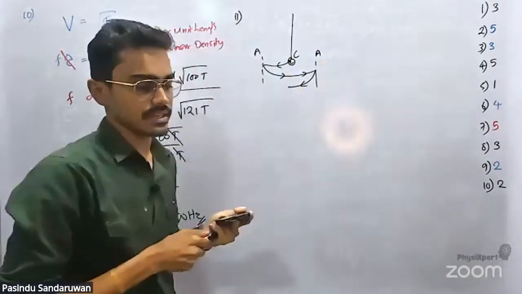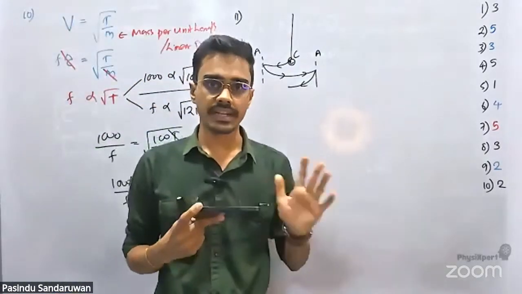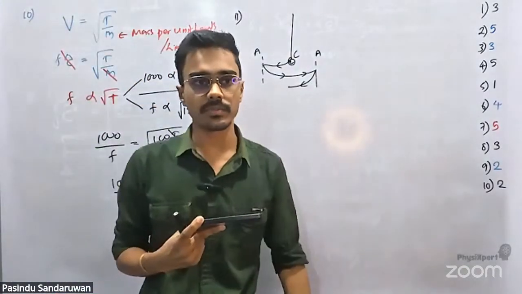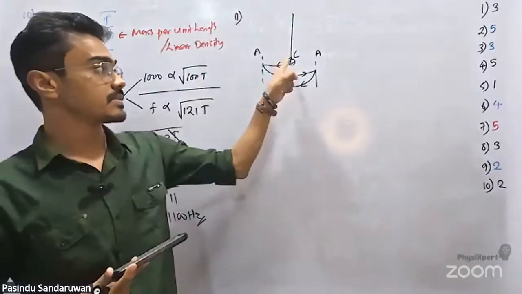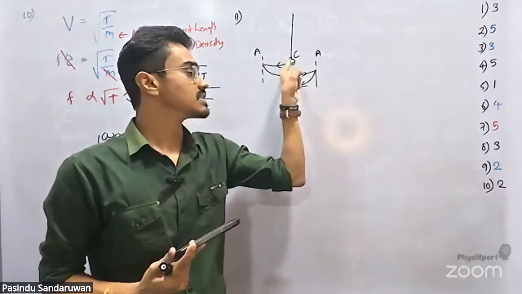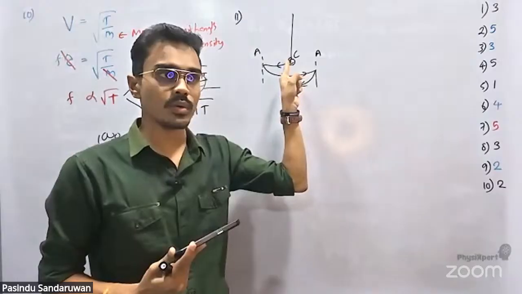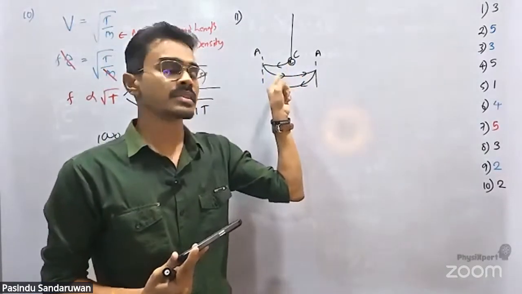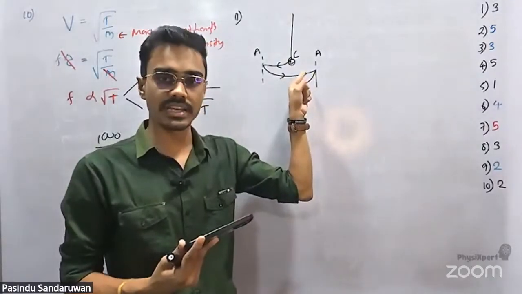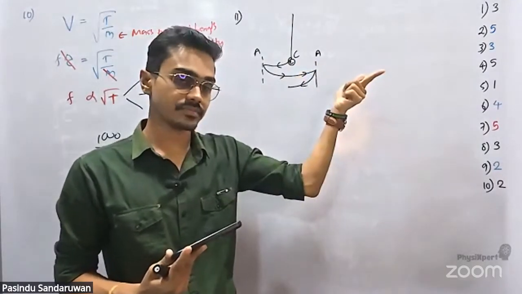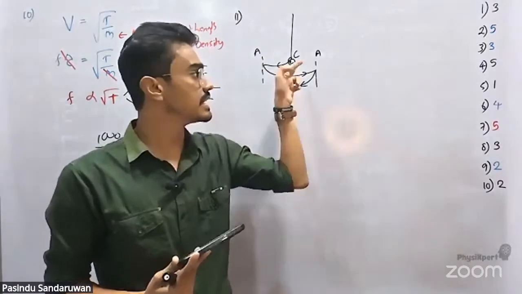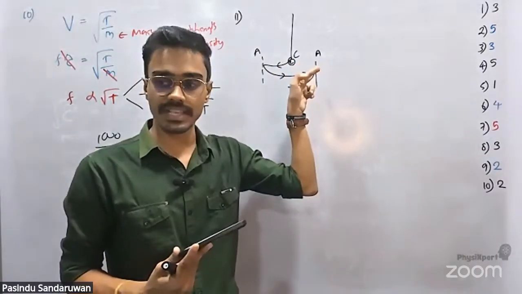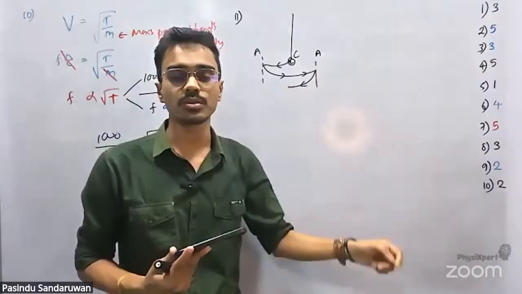Displacement is always measured from the center in a simple harmonic motion. So displacement is 0 at the center, and when it goes to the amplitude it increases, and when it comes back it decreases. In the opposite direction it is minus and increasing, reaching the maximum and again coming back to 0.